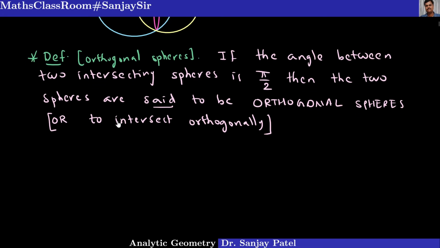Our main aim and the last topic of this chapter is to derive the condition that two spheres are orthogonal or not. In this regard, we have a very important theorem about orthogonal spheres. Let us write down the statement.